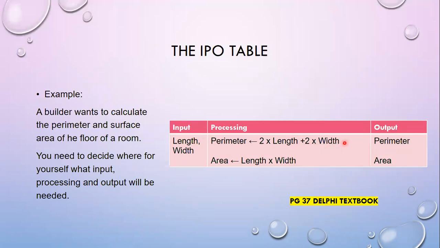Okay, so I'm going to take my values from my left and assign it to the perimeter. Remember, there's our assign sign. My output for perimeter will give me the perimeter, and there the output is going to give me area. You can see this section on page 37 in your Delphi textbook.